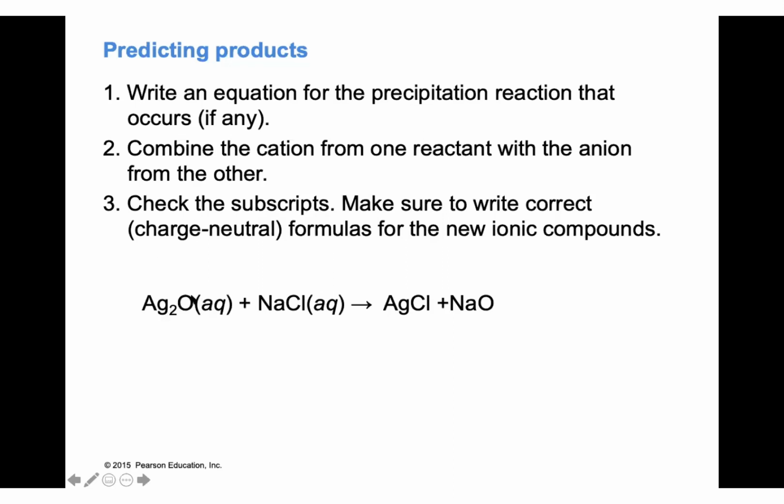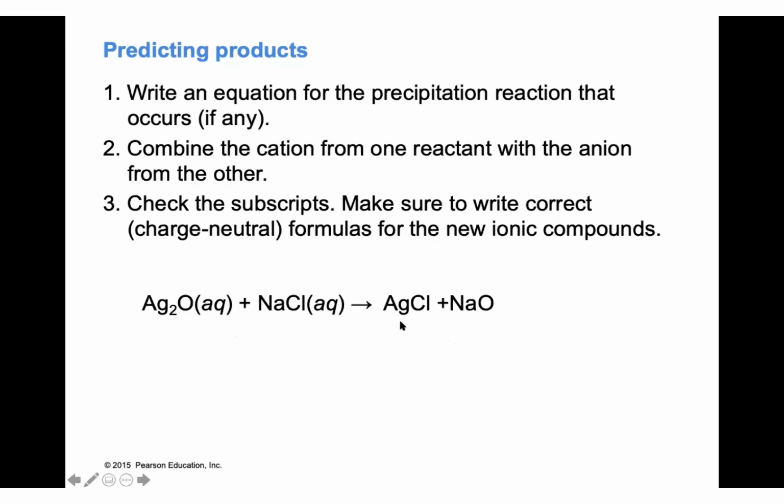So based on the cross rule, it becomes the subscript of Ag. But here we don't have oxygen, so we cannot really move this 2. So please, as a rule, never move the subscript whenever you predict the product.